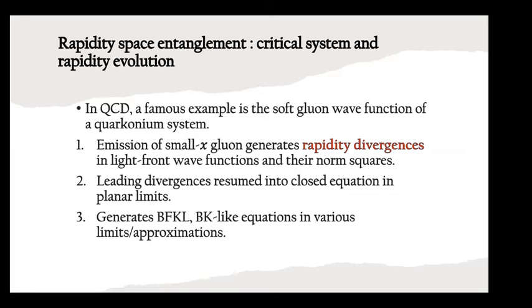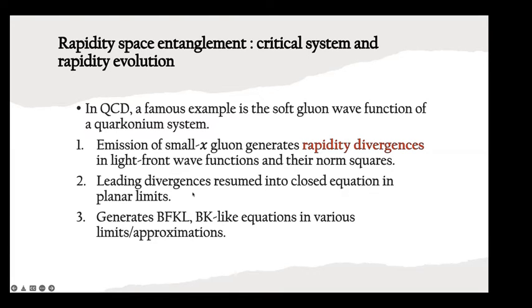Roughly speaking, you have very heavy quark anti-quark pairs separated in the transverse direction, and they move very fast in the light-front direction and emit soft gluons. So now the point is that in the gauge theory, especially in the light-front gauge, the emission of small x gluons generates rapidity divergences, or small x divergences, in the light-front wave functions and their norm squares. And now it is interesting to see how to understand these divergences.